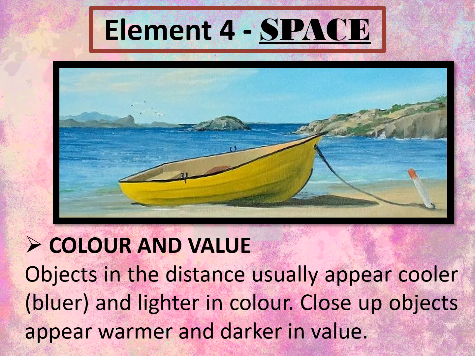Close-up objects appear warmer and darker in value. So in the picture, as you can see, the nearer object is the boat. So, yung ginamit ng painter na color sa boat is color yellow. So, diba? Pleasant tignan ang color yellow.